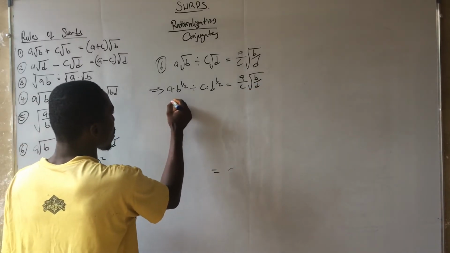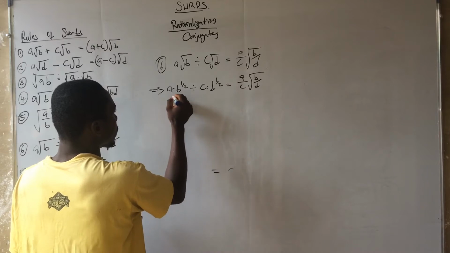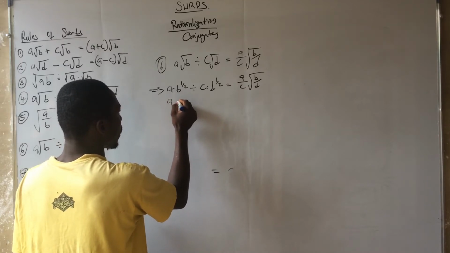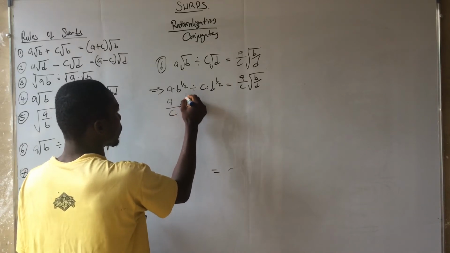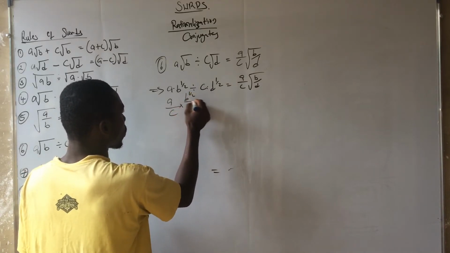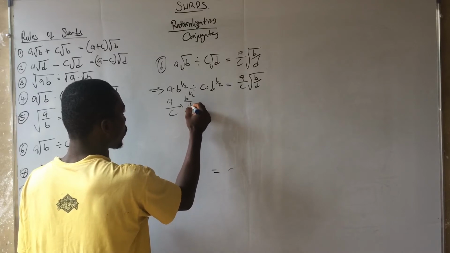So now this is a over c times b raised to the power 1 over 2 over d raised to the power 1 over 2.